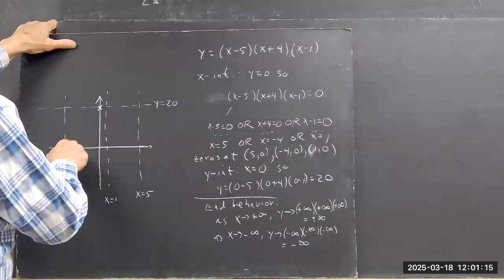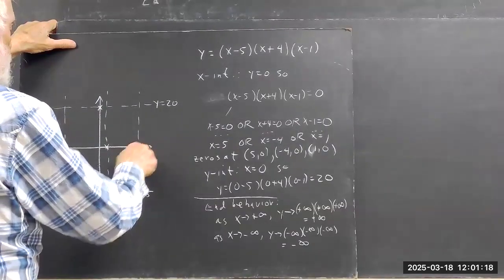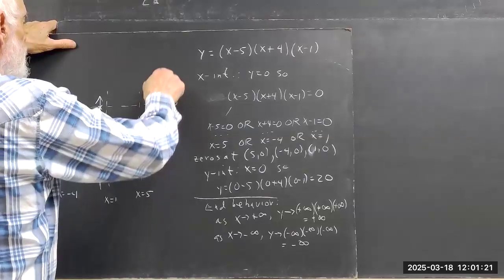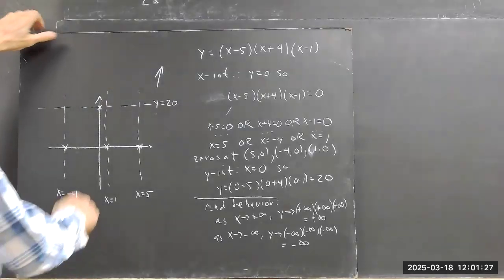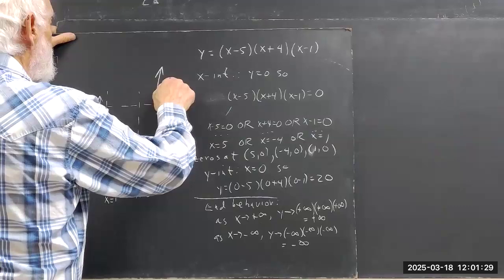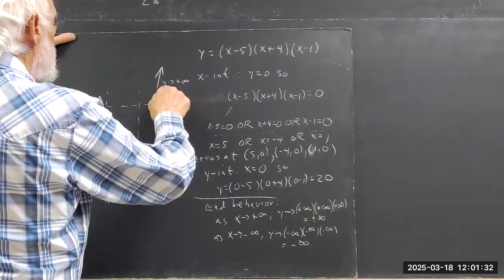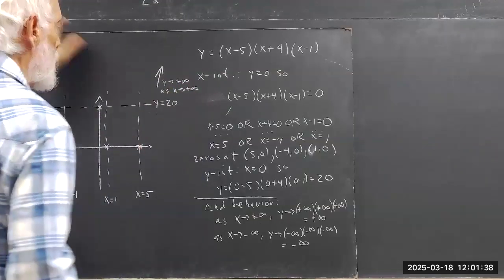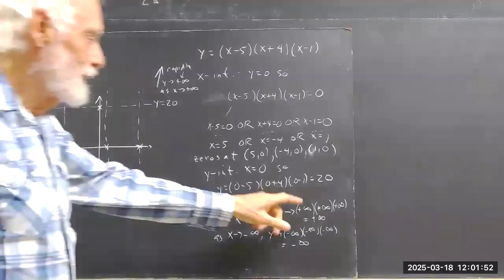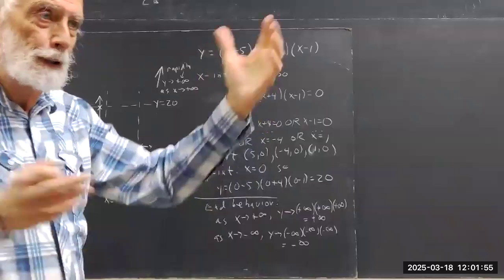So I've got a y-intercept, an x-intercept, an x-intercept, and an x-intercept. And this thing goes to plus infinity. Because we got 3 plus infinities.